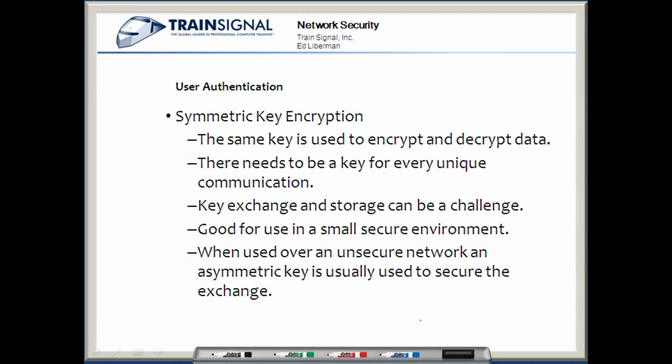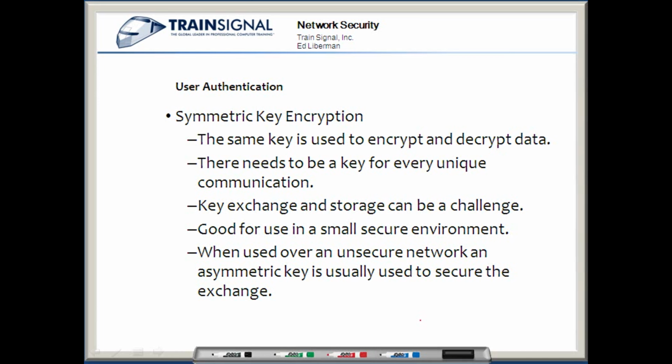Because for instance, how am I going to get the key to you? If I have a key in mind that I want to use, and I've created some encrypted data and want to share it with you, how do I get the key to you? How do we agree upon this key securely?